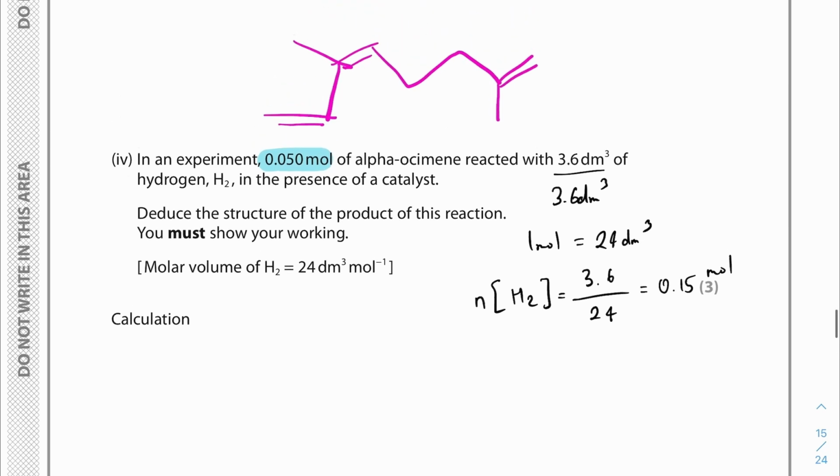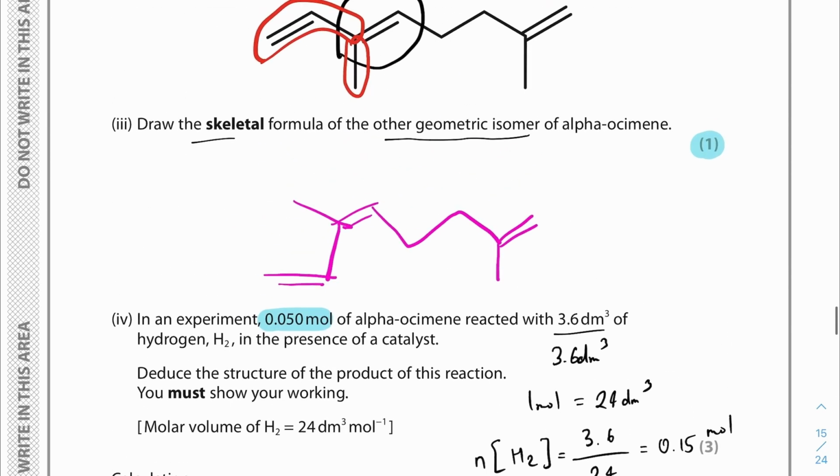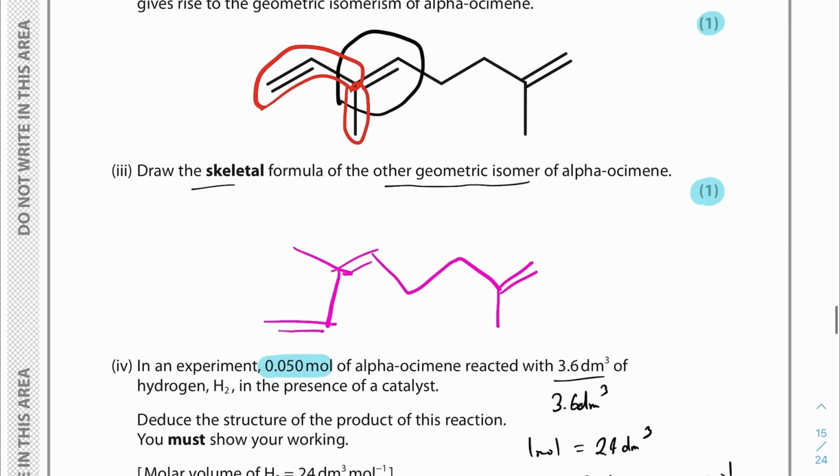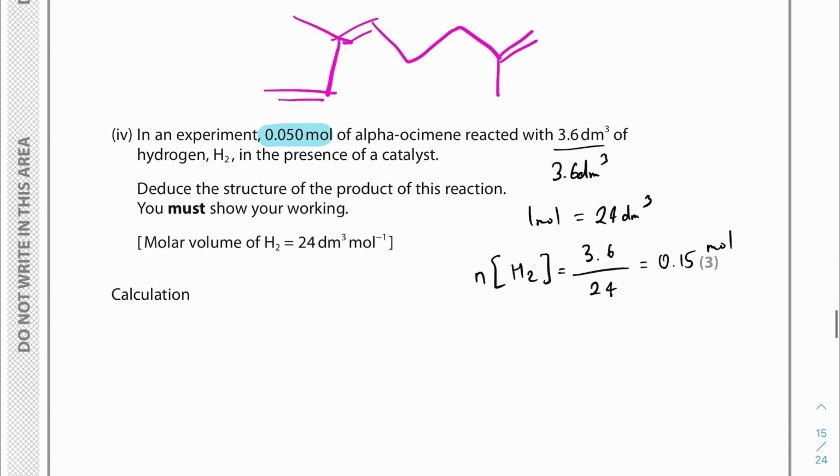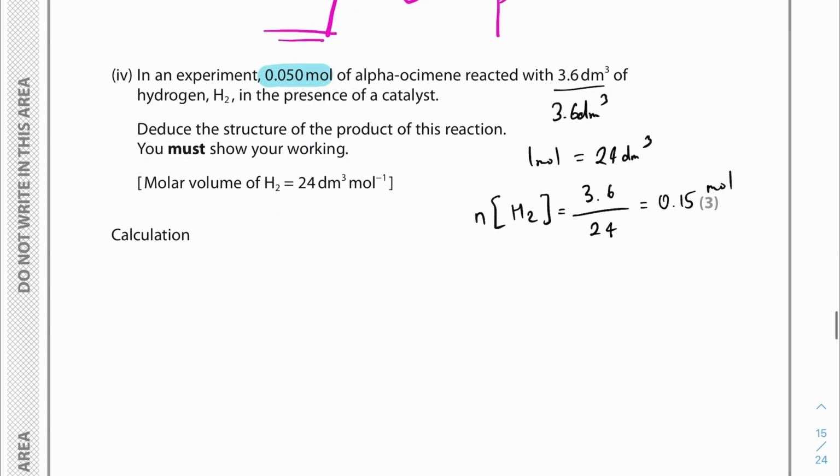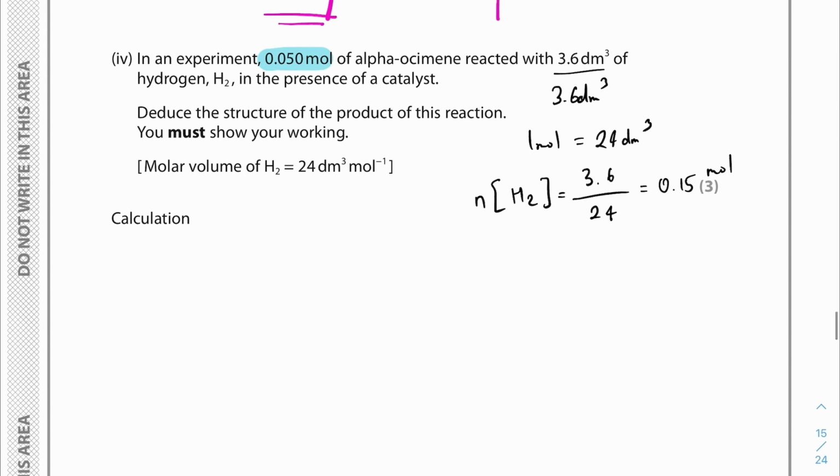Now what happens when we react this alpha oximine with this hydrogen is that the double bonds will now open up. The double bond will just open up, right? So it'll be a saturated alpha oximine chain. So let's see how that would look. In this case, what did we start with?